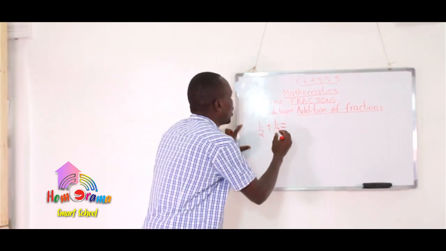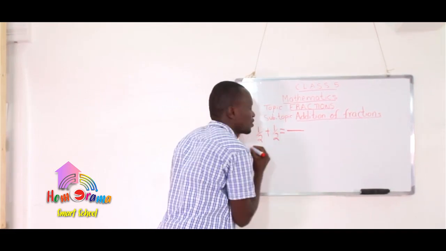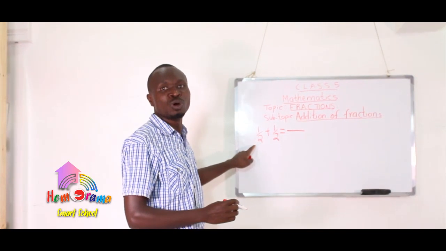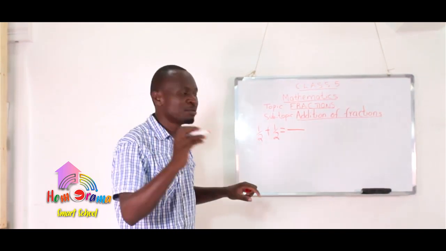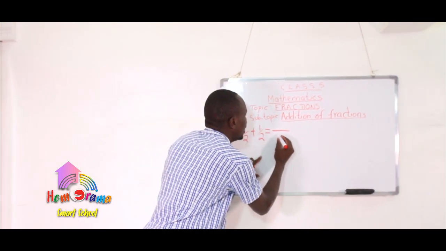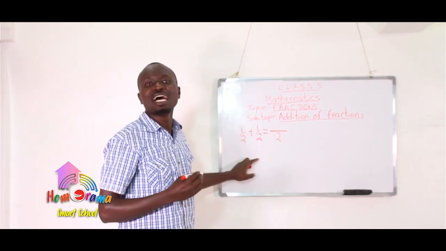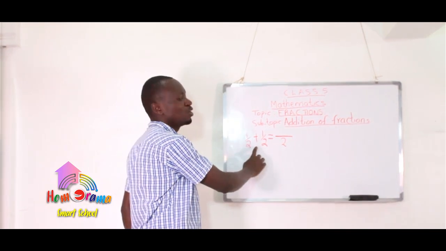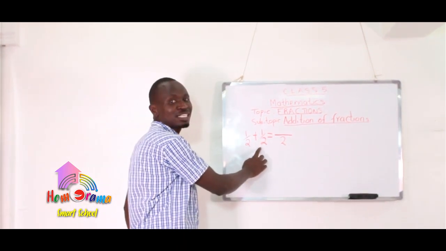I will put this line, then I will deal with the denominator. If the denominator is 2, and because the denominators are the same, then my denominator here will be 2. And then I only add the numerators, because the denominators are the same.